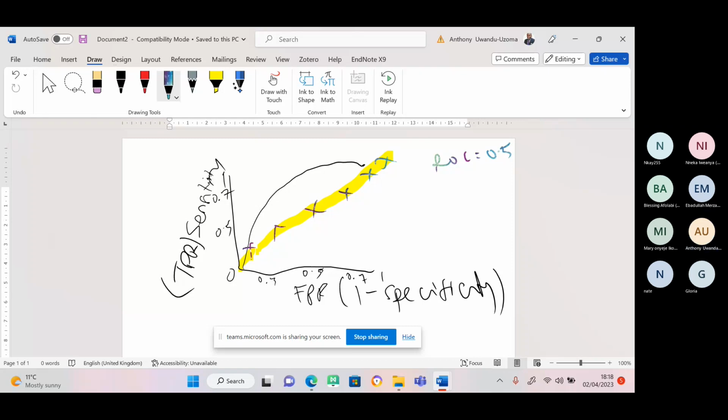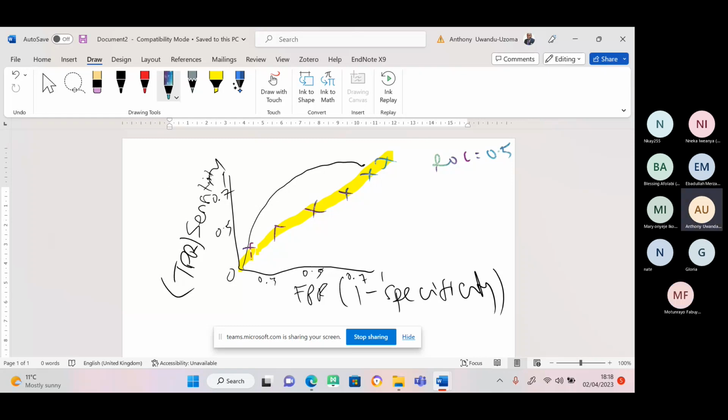So as it gets above 0.5 and goes up close to 90% and then 100%, which is 1, it tells you that the test material you're using has a good sensitivity and a good specificity.